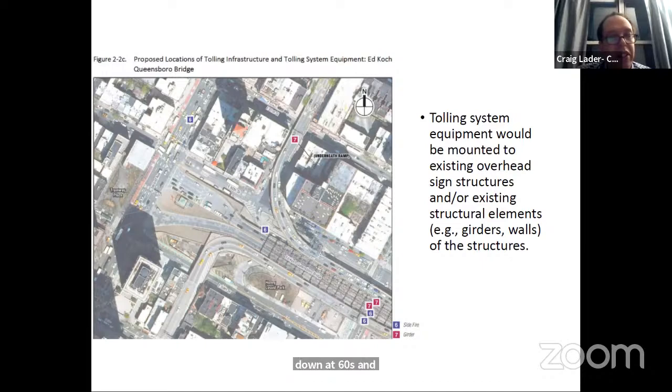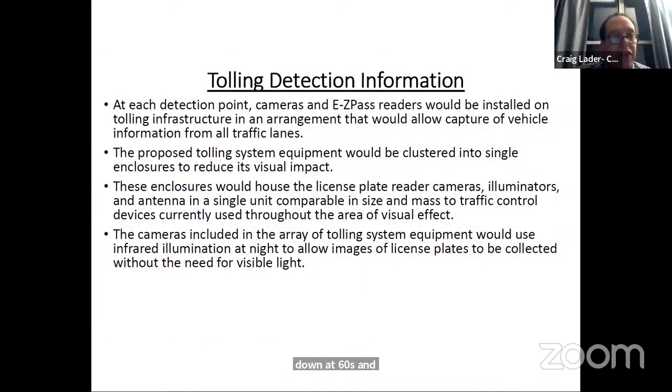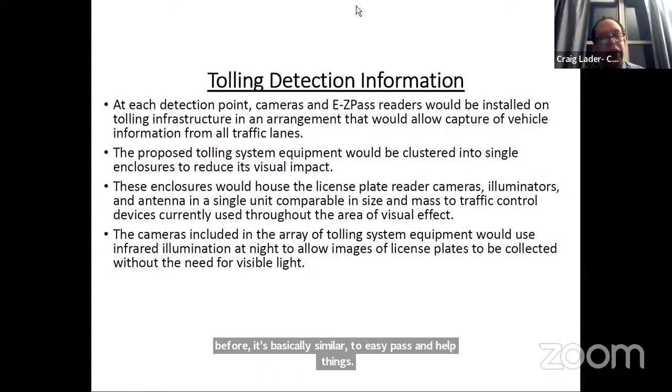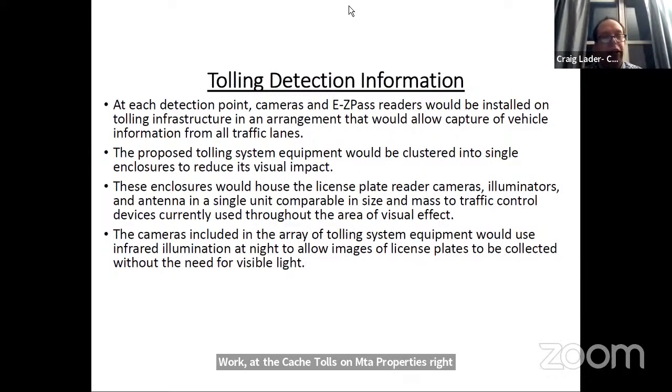Next slide, please. So tolling detection information. As I mentioned before, it's basically similar to Easy Pass and how things work at the cashless tolls on MTA properties right now, where if you don't have an Easy Pass, it will take pictures of your license plate and you'll be billed by mail.